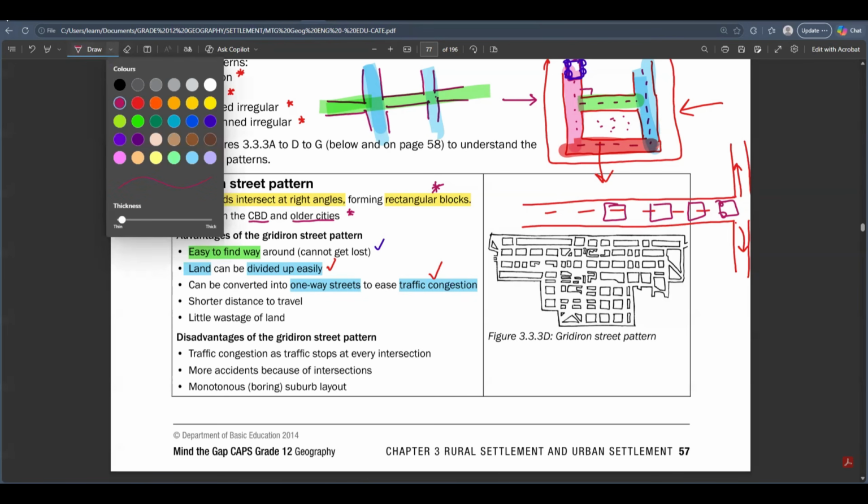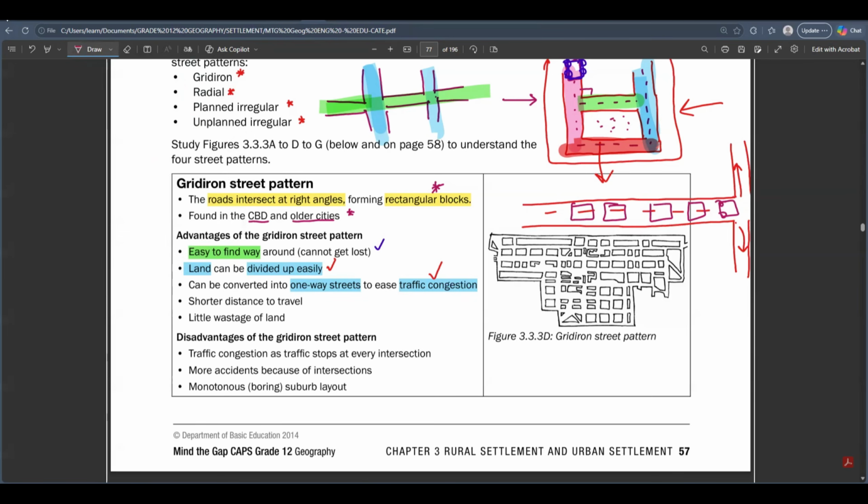But because it's a grid iron pattern, you have quite a couple of roads that are intersecting, going in different directions. Having that makes it easy for traffic to flow. Basically, you never find traffic congestion in such an area, guys, because there are many streets to go to. Why would you want to have traffic congestion in such a place?